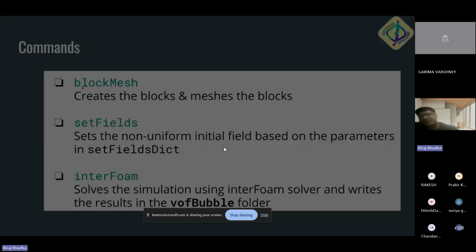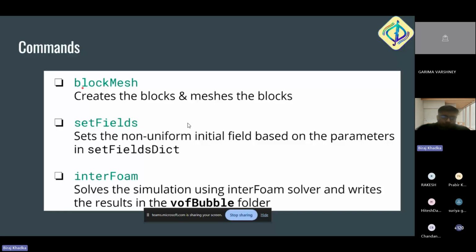For the commands, we use blockMesh, which generates the mesh and creates the blocks, and to set the non-uniform initial field for the phases, we use the command setFields. And finally, to solve all the governing equations I mentioned previously, we have to run the interFoam command, and it will solve.